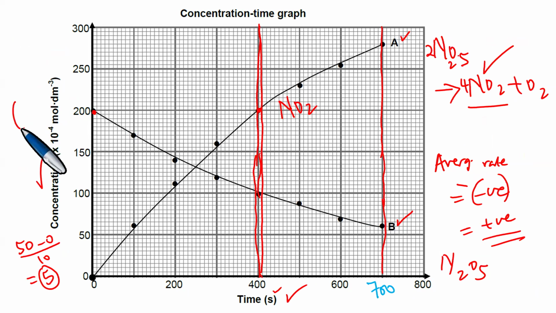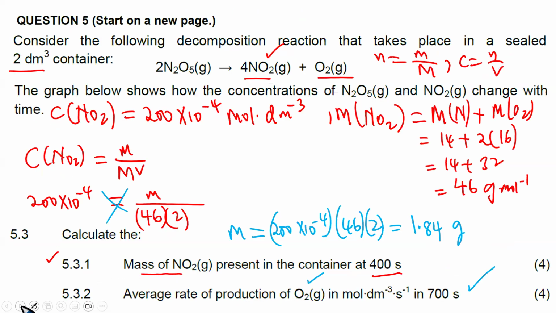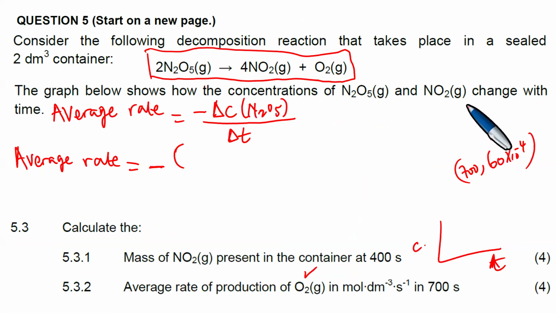What are the coordinates of this point at 200? x is 0 and y is 200 times 10 to the minus 4. So here, x is 0 and y is 200 times 10 to the minus 4.